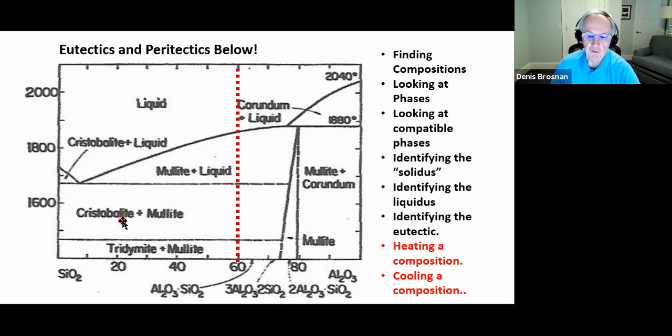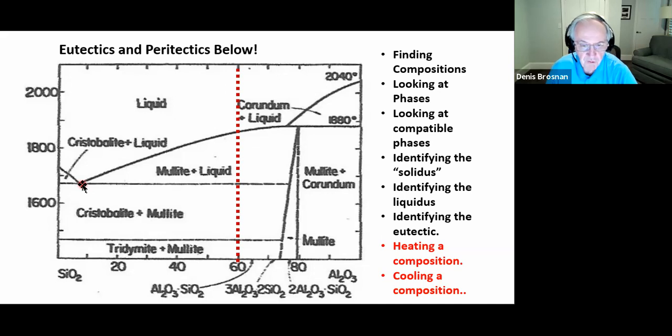Now there's some special points on here. This one is called the eutectic right here. It's recognized by its V shape. That point is called the eutectic, and eutectic means lowest melting. So the lowest melting point in the system is right here at a few percent silica.